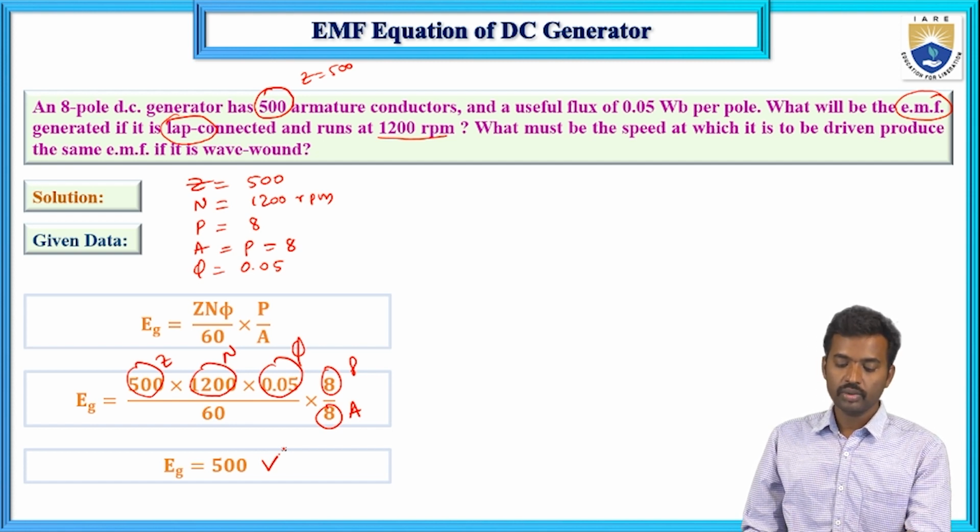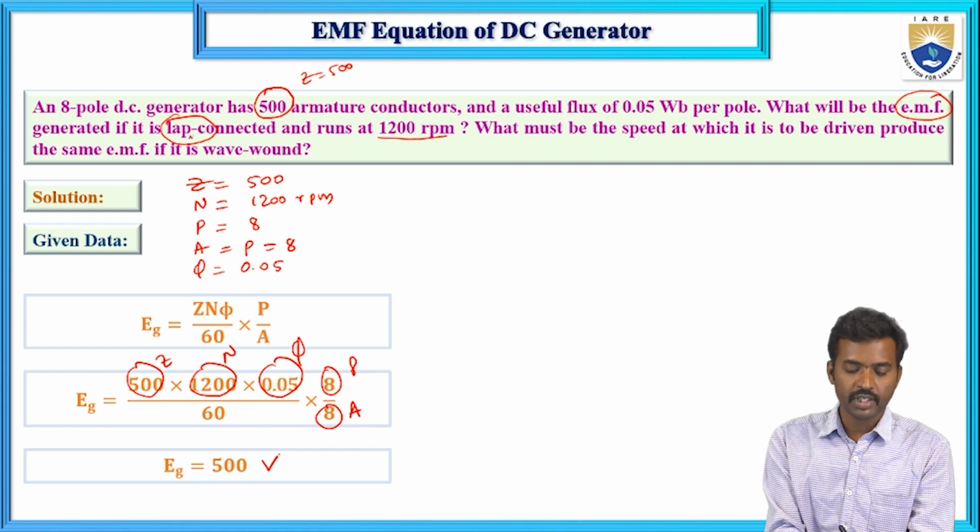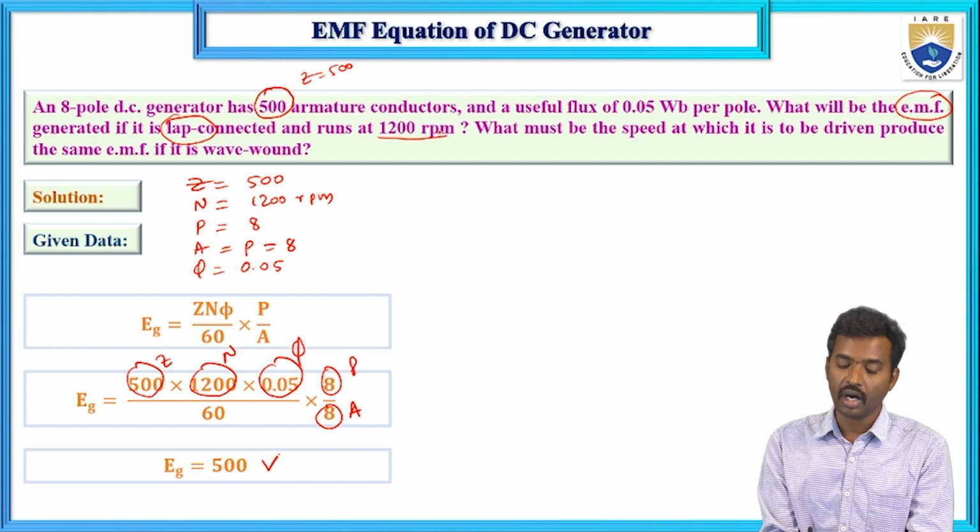Now what will be the EMF generated if it is lap connected and runs at 1200 RPM. And the second thing: if it is wave connected, what must be the speed at which it is to be driven to produce the same EMF. So same EMF, next thing. In the second question, same EMF means Eg equals 500 volts.